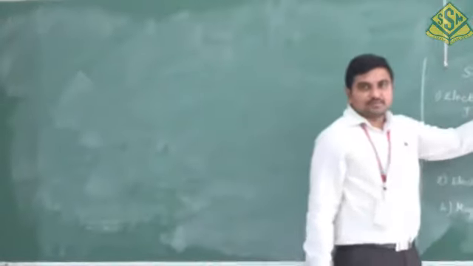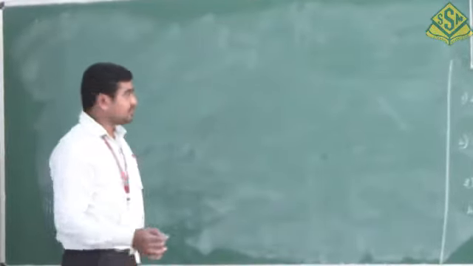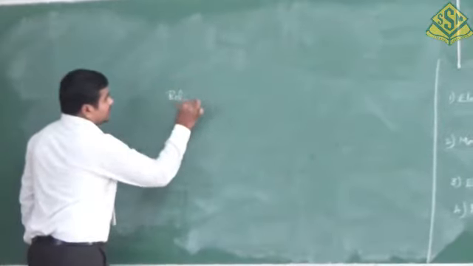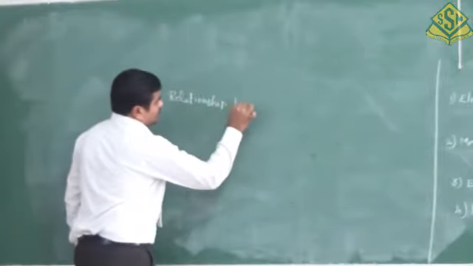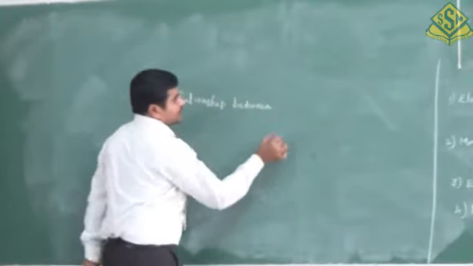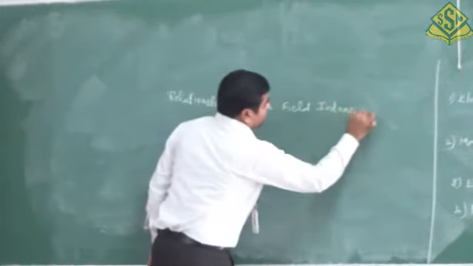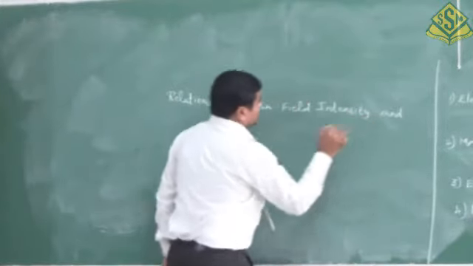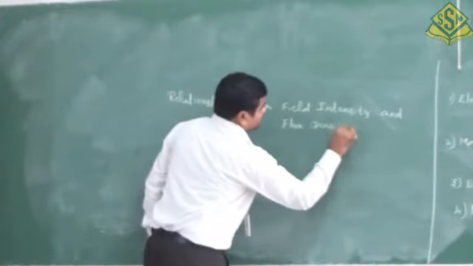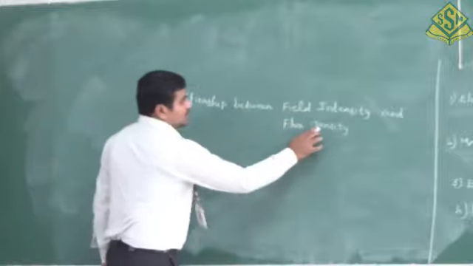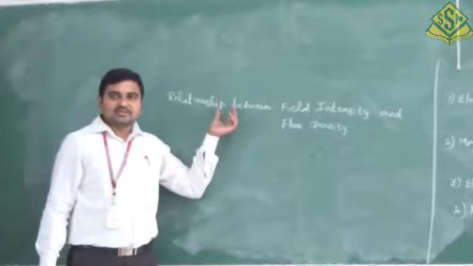By understanding all these symbols and units, we are going to get the most important relationship in EMF. So, relationship between field intensity and flux density. For this relationship, we need some basic formulas.